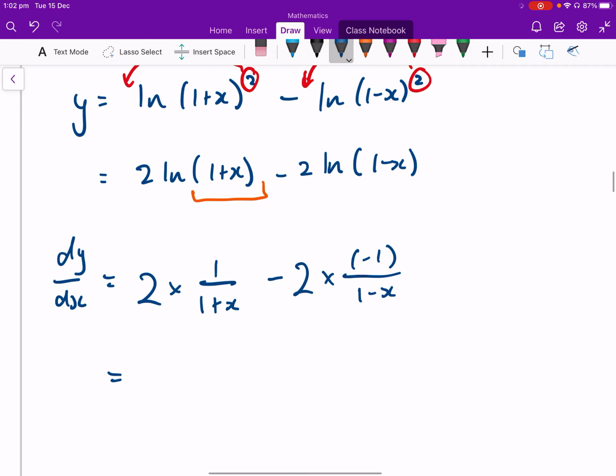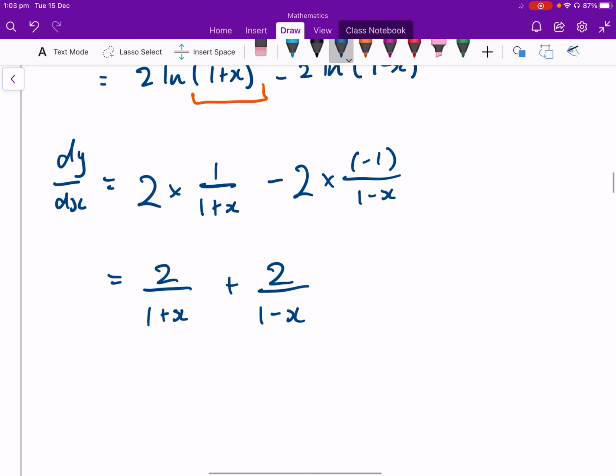Let's simplify this a little bit. So I'm going to have that as 2 over 1 + x. Okay, so this is actually going to be a positive because I've got the two negatives. So I'll have plus 2 on 1 − x.